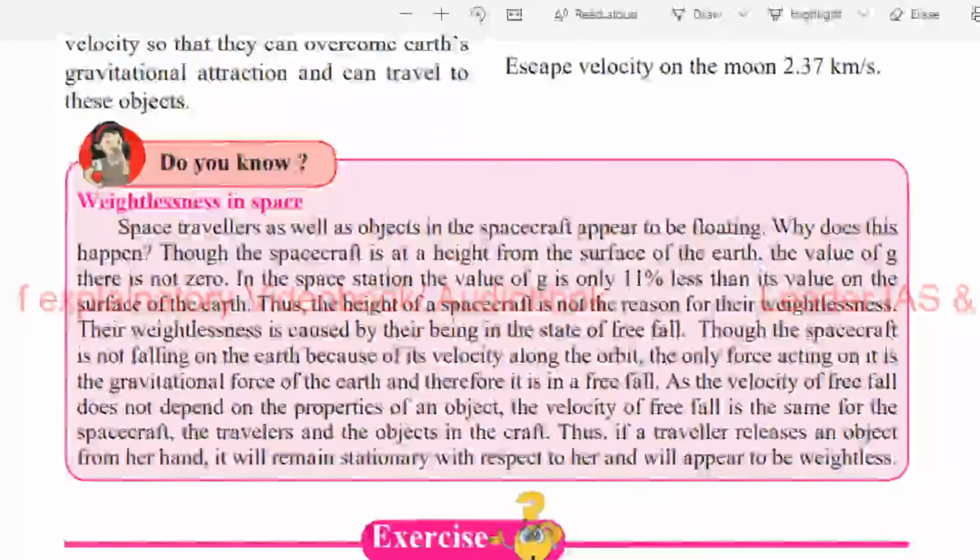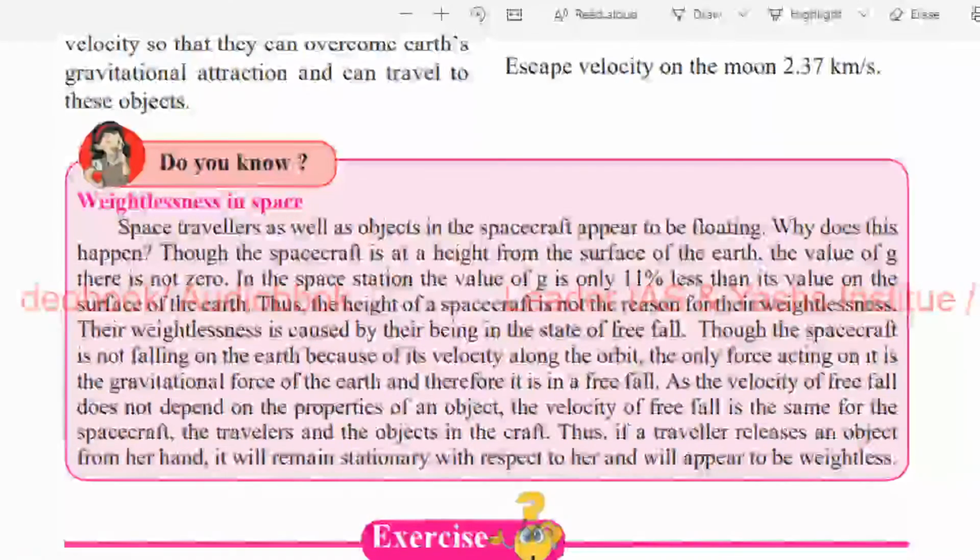Though the spacecraft is not falling on the Earth because of its velocity along the orbit, the only force acting on it is the gravitational force of the Earth, and therefore it is in free fall.